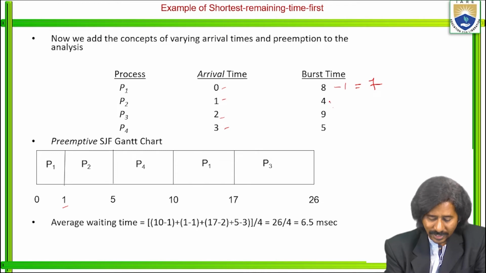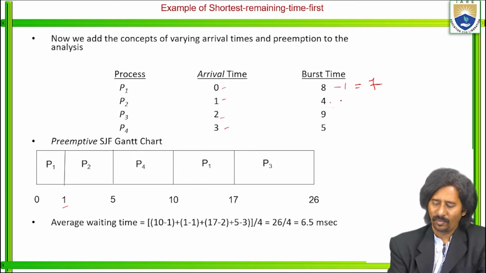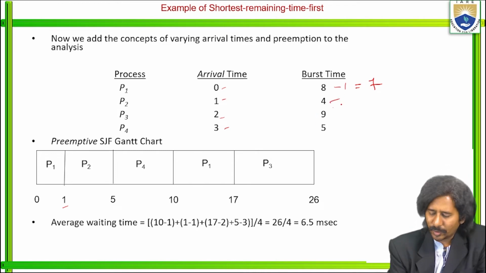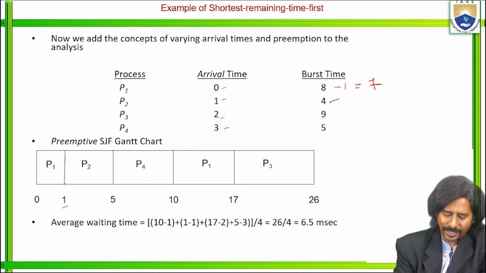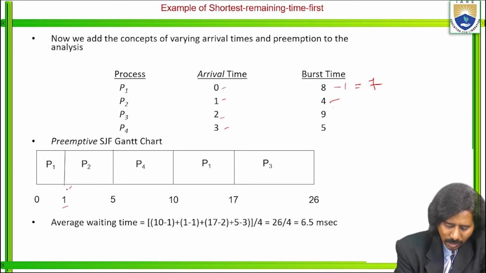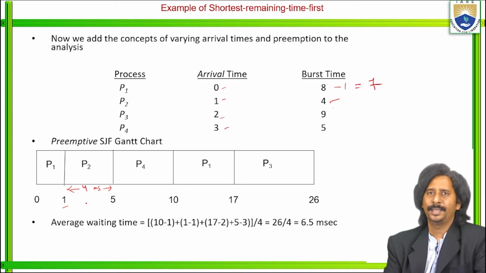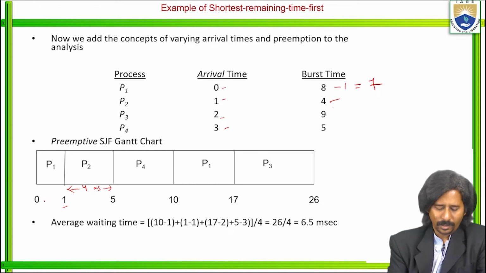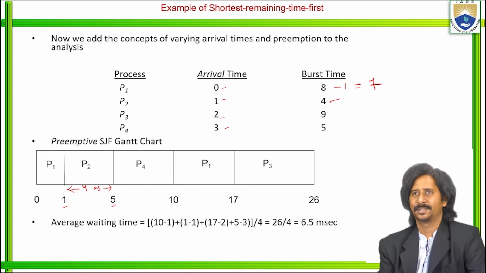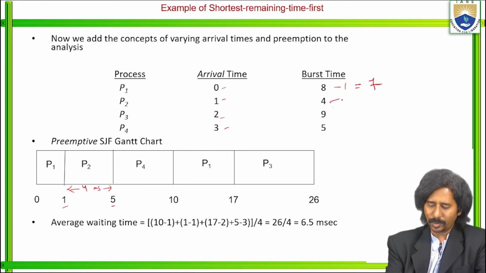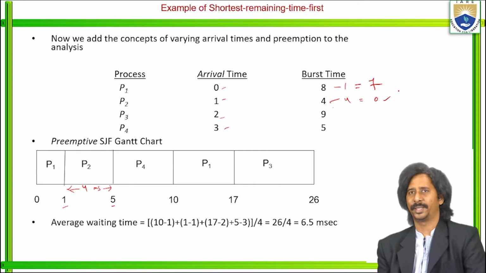From the starting point, 1 plus 4, 5 milliseconds. So P2 is successfully executed.